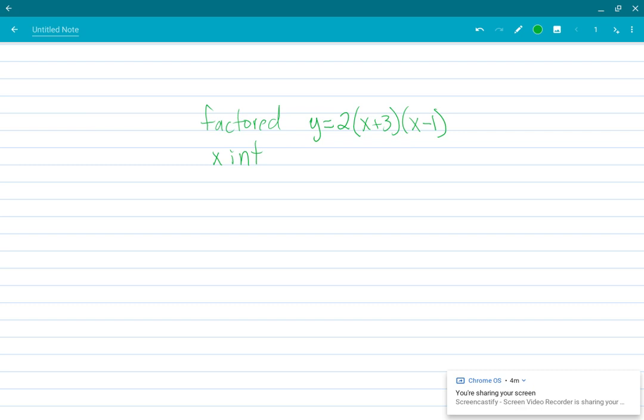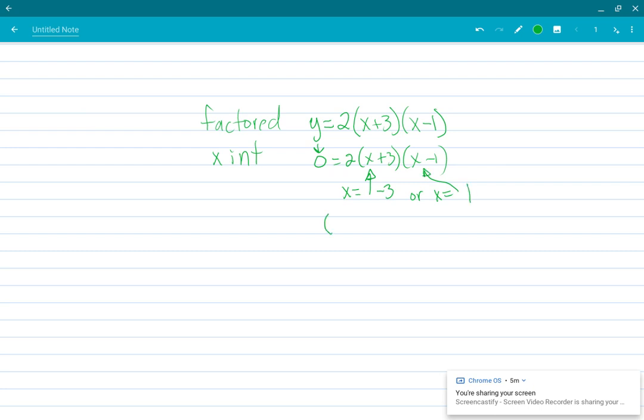So as you're doing the video, you're going to say, oh, for the intercepts, I'm going to change the y to 0. You got to say that. And then x has to be -3 or x has to be 1.